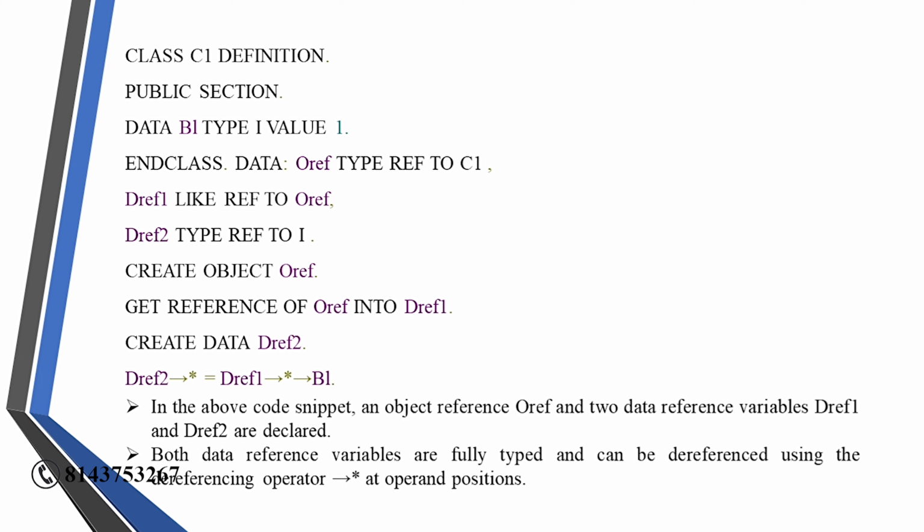Okay. So we can see this. Just understand this one. Whenever the classes concept comes, you will get a clear picture of it. So for now, we are defining a class that is C1, which is having some B1 type variable, and we are defining a reference variable that is OREF type refer to this class one.